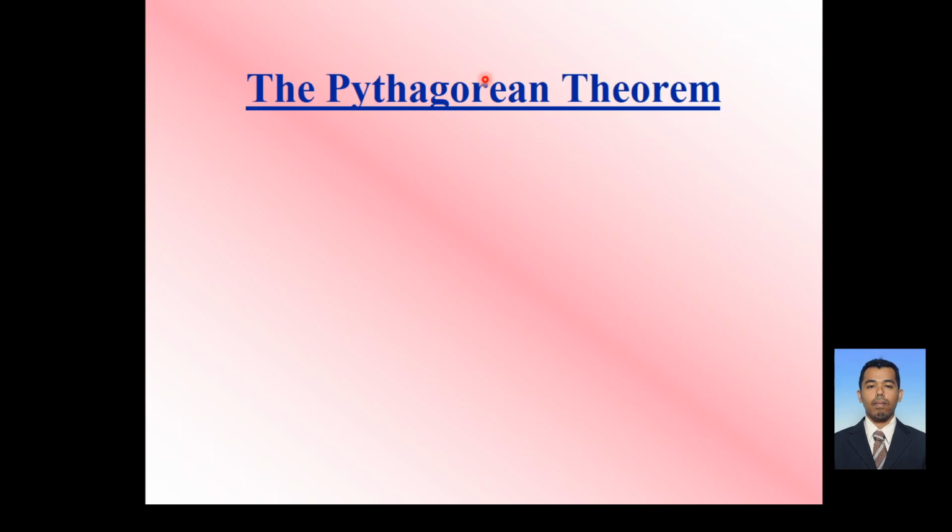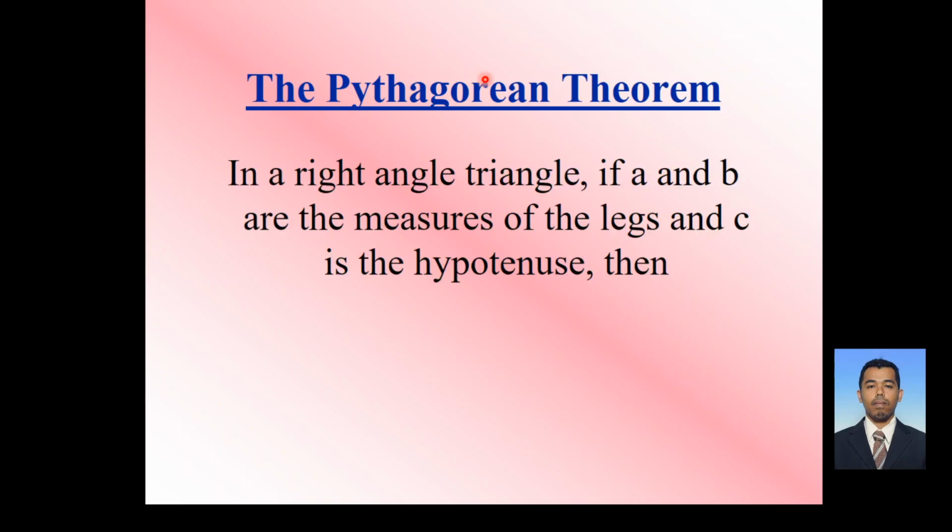So the Pythagorean theorem, or Pythagoras theorem, states that in a right angle triangle, if A and B are the measures of the legs and C is the hypotenuse, then A square plus B square is equal to C square.